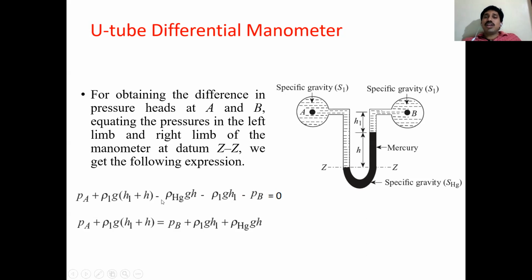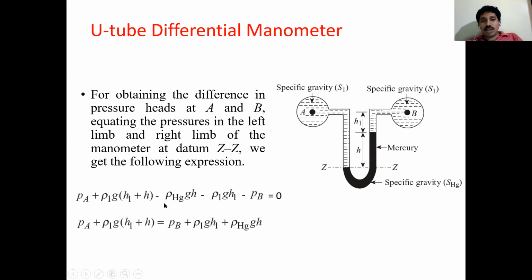Now mercury level. Now we are on the left limb. Now the mercury level is rising on the right limb. See all of you, the mercury level is rising. When we see a rising level, automatically we take negative sign. When the head value increases, when we go towards the upward direction, sign becomes negative.